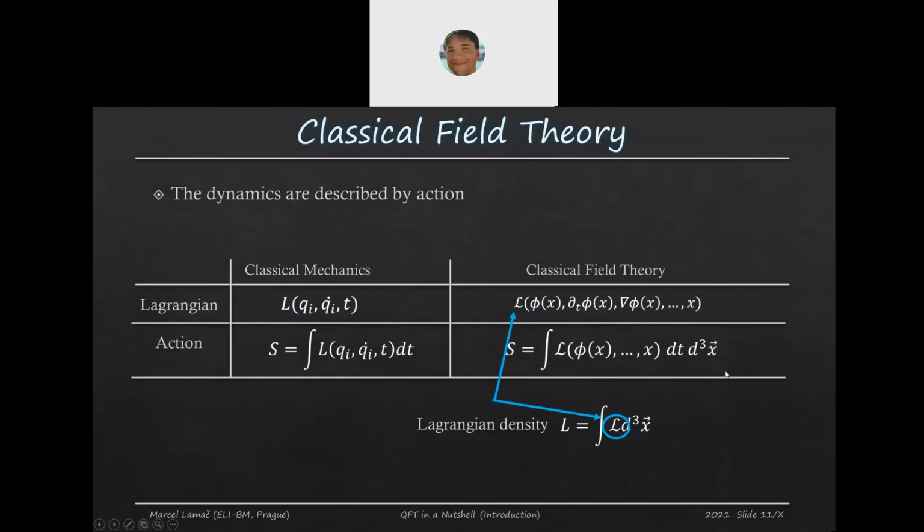That's simply the action, the integral of the Lagrangian density integrated over time, as is usual. But since the Lagrangian density depends on position, our index of the infinite number of degrees of freedom, it must also be integrated over this position, because the Lagrangian shouldn't depend on it. So that is simply how we describe classical field theory.